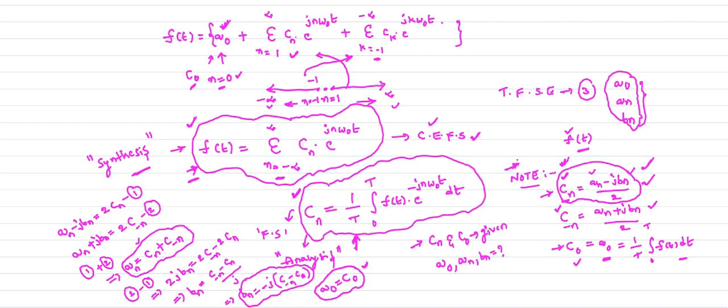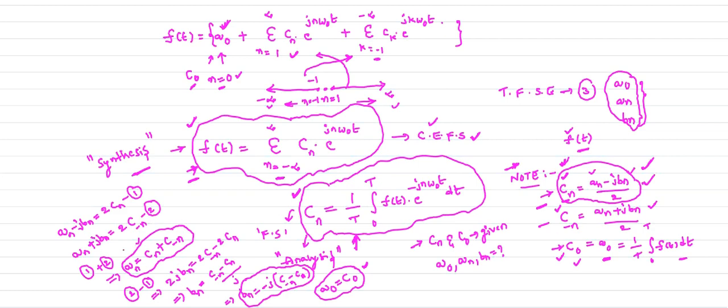So you take this as an important note. Whenever an, bn and a0, the trigonometric Fourier series coefficients, are given and you want to calculate the complex exponential Fourier series coefficients, you use these expressions for Cn and C0.